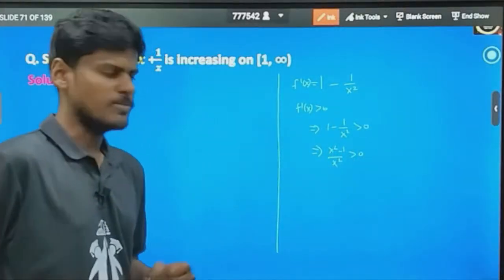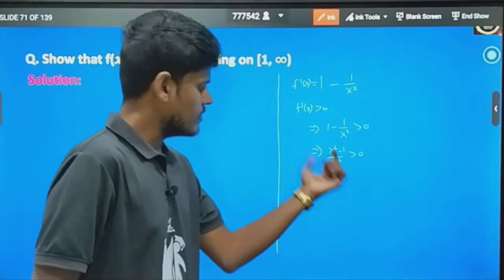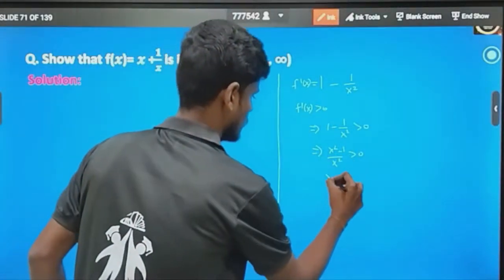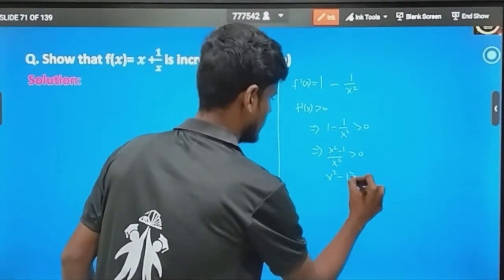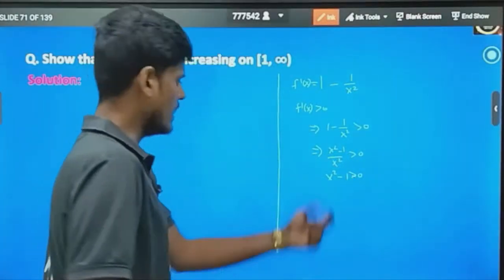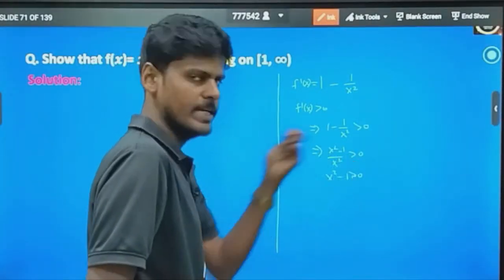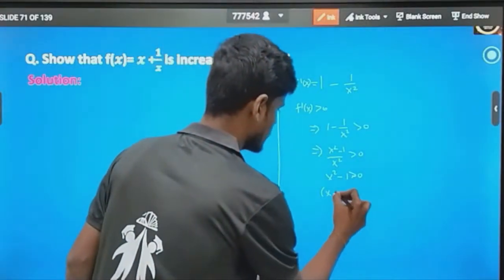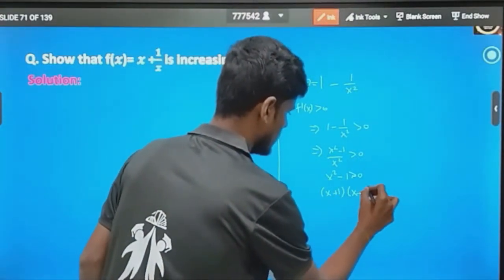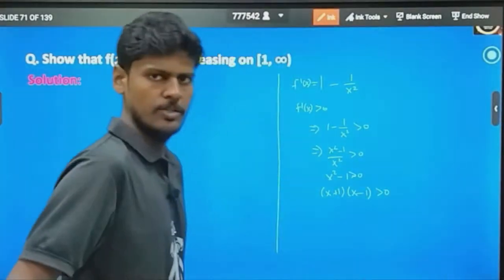Again denominator is always a positive quantity. X square will be a positive term. That means x square minus 1 will be greater than 0. And factorize. This is of the form a square minus b square. So we have x plus 1 into x minus 1 greater than 0.